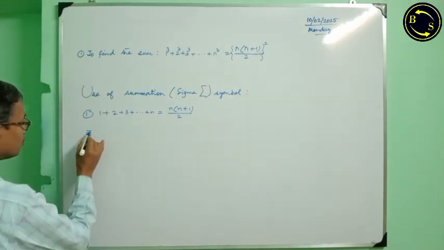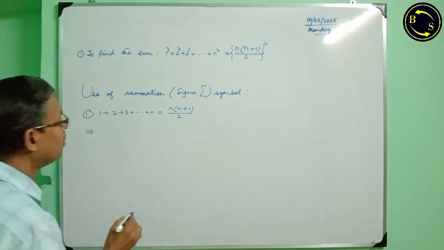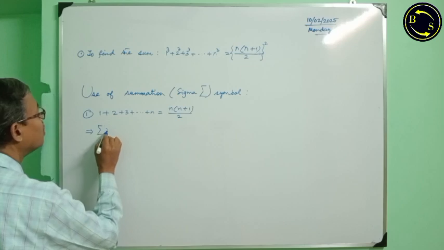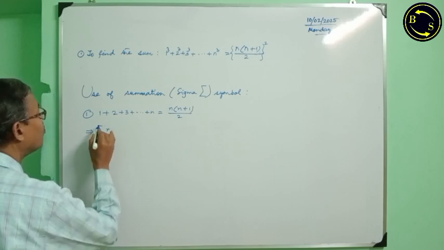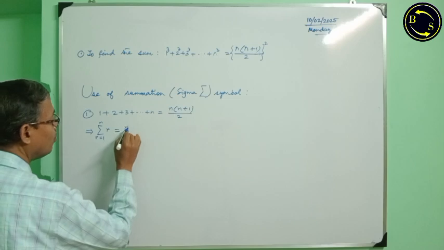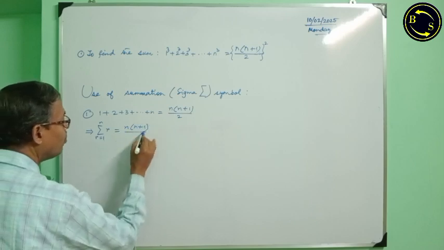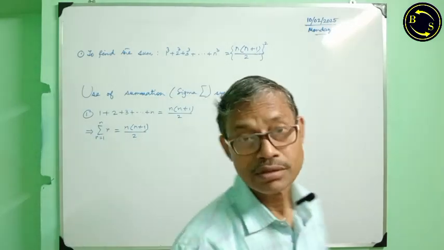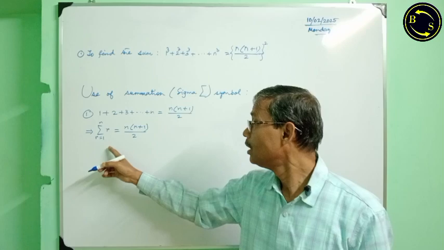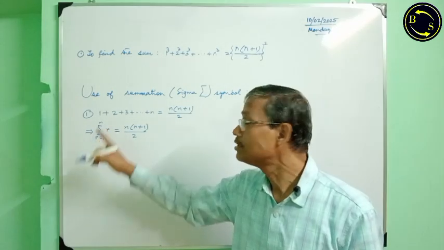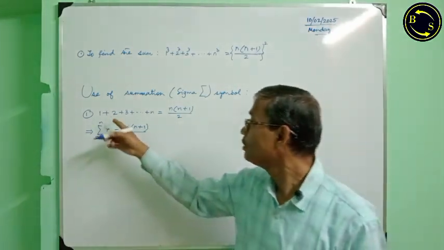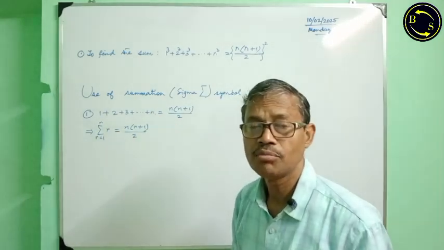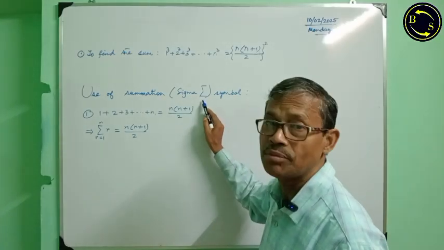This is represented by summation of r, written like this: r starts from 1, ends at n. That means this whole sum is represented by this short symbol, and already I have written this is capital sigma.